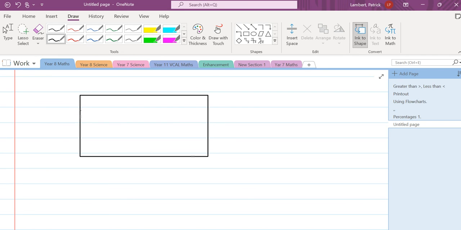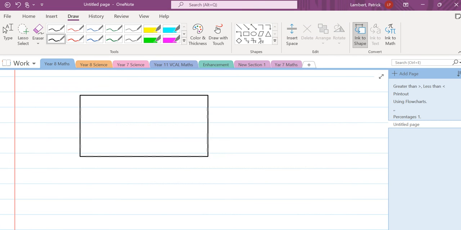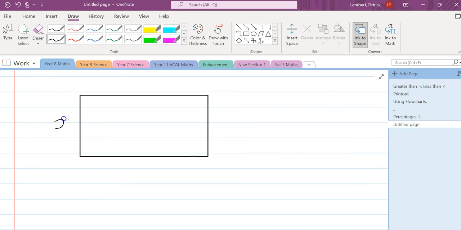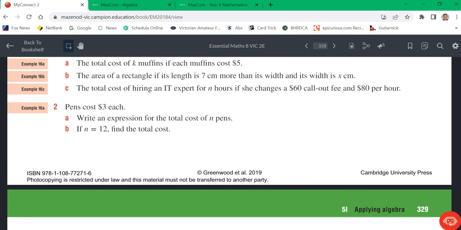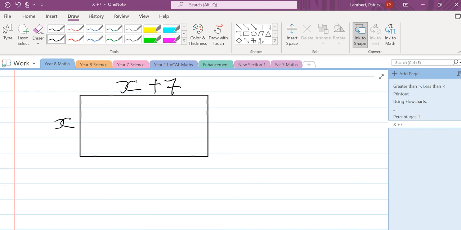So what we've got here is 7 centimeters more than its width, and its width is X. So we've got X here, and then X plus 7. So we've got our diagram. So if we look at that, we've got the area of a rectangle. So the area is going to be, back to here, area equals LW.